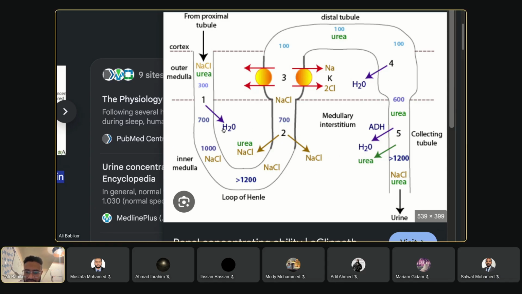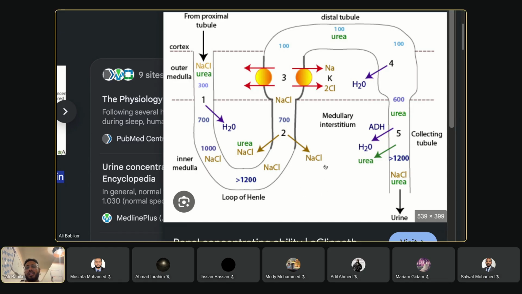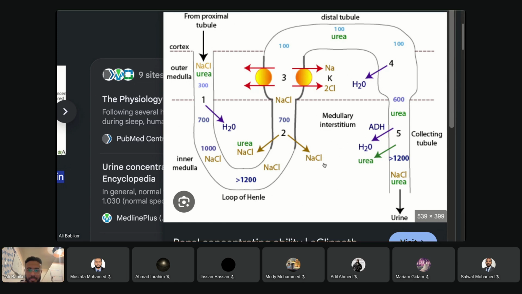You need to keep the medulla highly concentrated and highly osmotic to absorb any water coming from the urine. The osmolality here, as you can see, is more than 120. That means here is very, very concentrated to absorb the water.